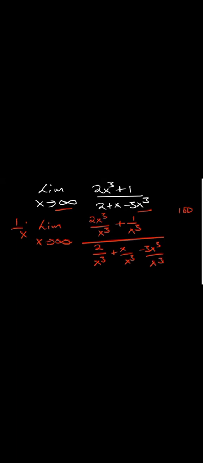So from there, what are we going to have? This is going to reduce to the limit as x approaches infinity. So this part you are going to divide, you remain with a 2. So these parts are divided. x over x to the power 3 is 1 over x squared.